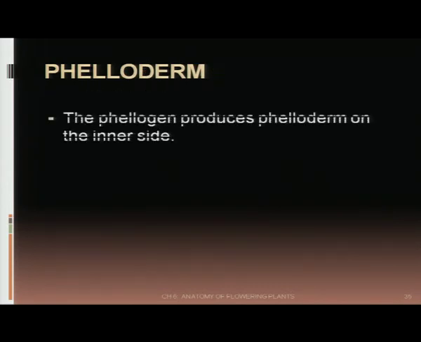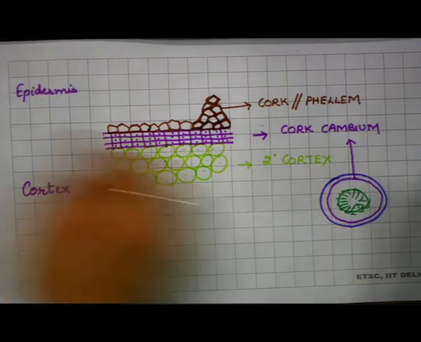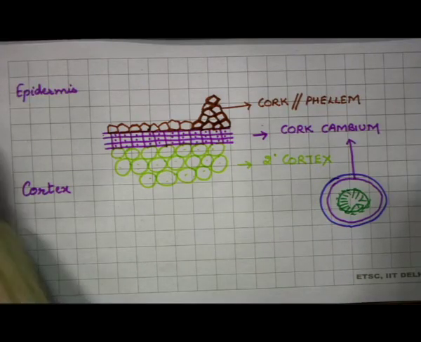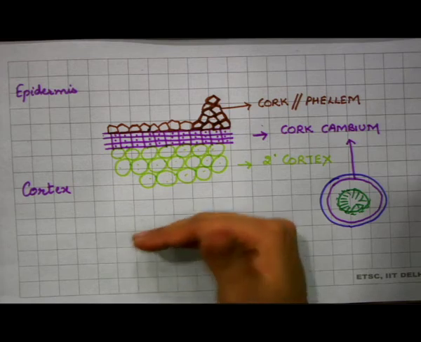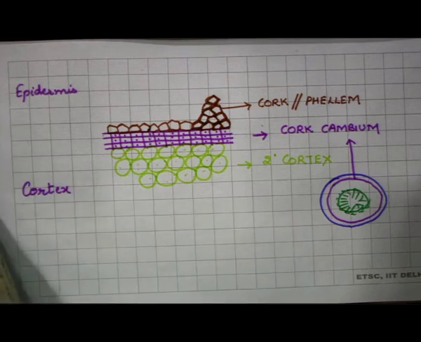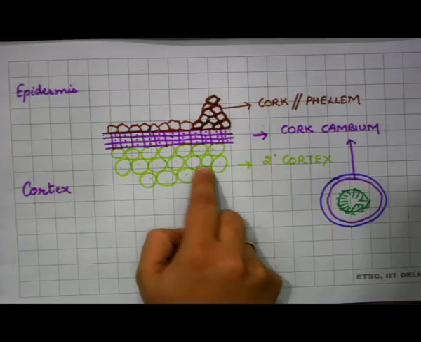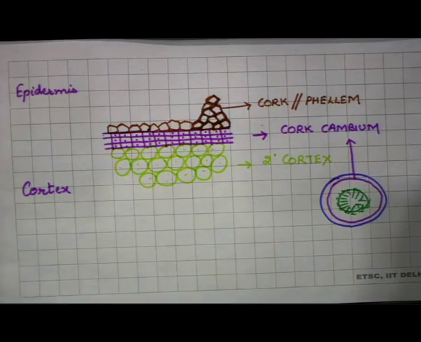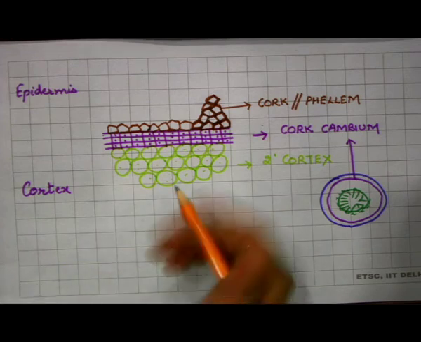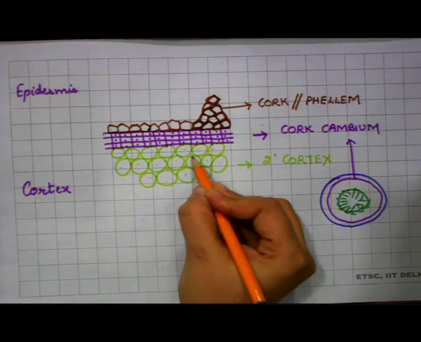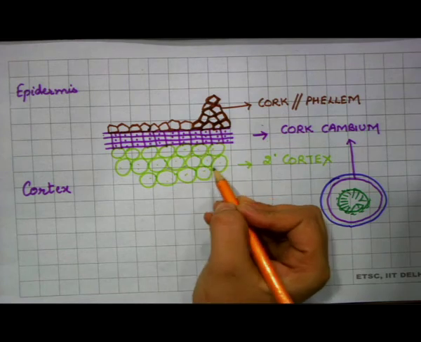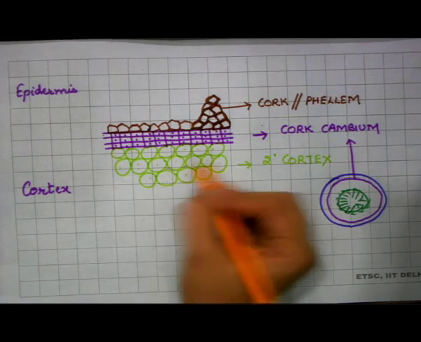The phelloderm, that is the secondary cortex. The phellogen produces phelloderm on the inside towards the cortex. The cells resemble those of the cortex. These are living, isodiametric and with intercellular spaces. This is what we have drawn. You can see the intercellular spaces here. These are visible and they are isodiametric, living.